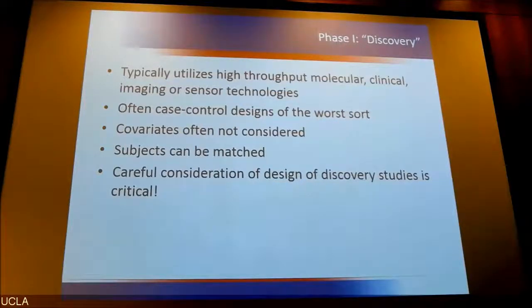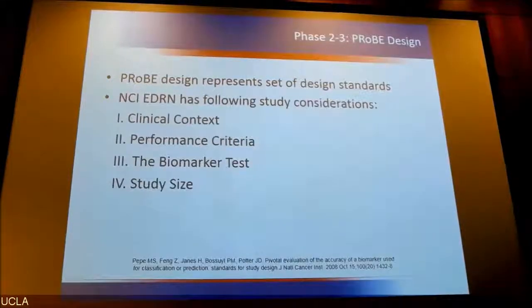In often early phase discovery studies, covariates or other prognostic variables are considered, or sometimes not. Subjects are matched. And often the failure point is at this early phase where the discovery setting doesn't match the intended clinical population. I'll talk more about that as I go along.